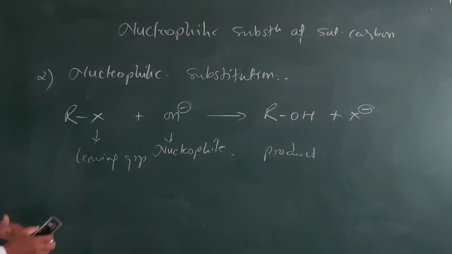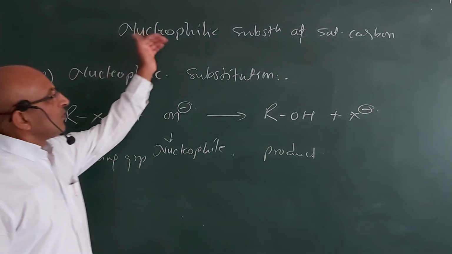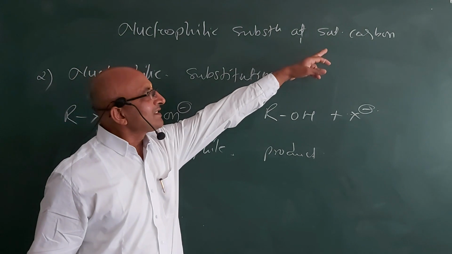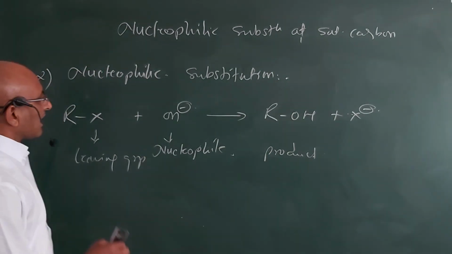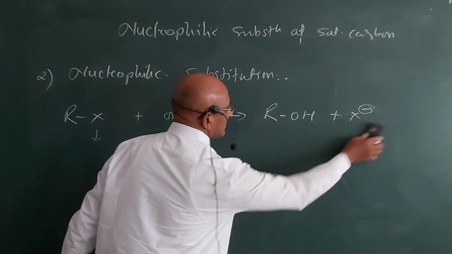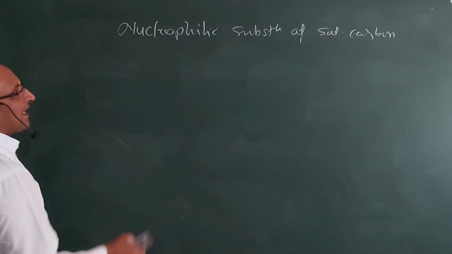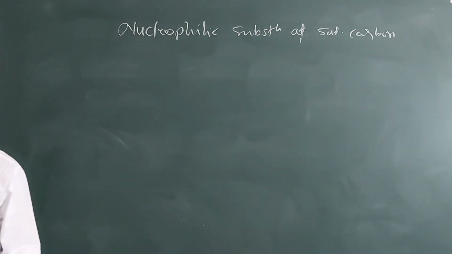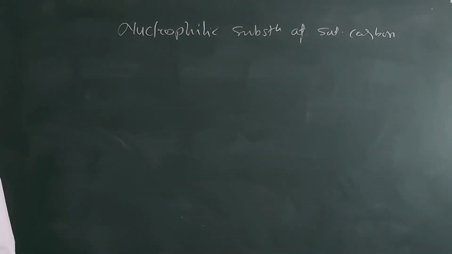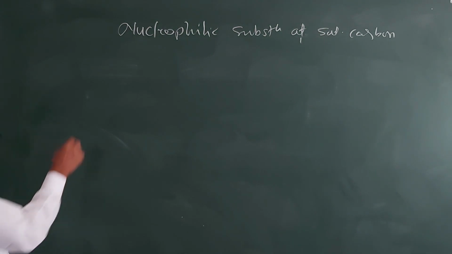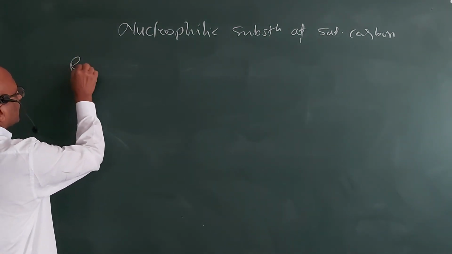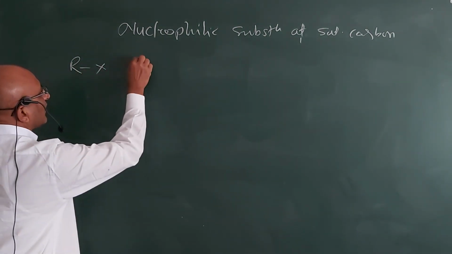In this topic, we are going to deal with only the nucleophilic substitution at a saturated carbon atom, meaning the carbon which is sp3 hybridized, where the nucleophile is being attached to an sp3 hybridized carbon atom. So here are the types of nucleophilic substitution reaction that we have studied so far.